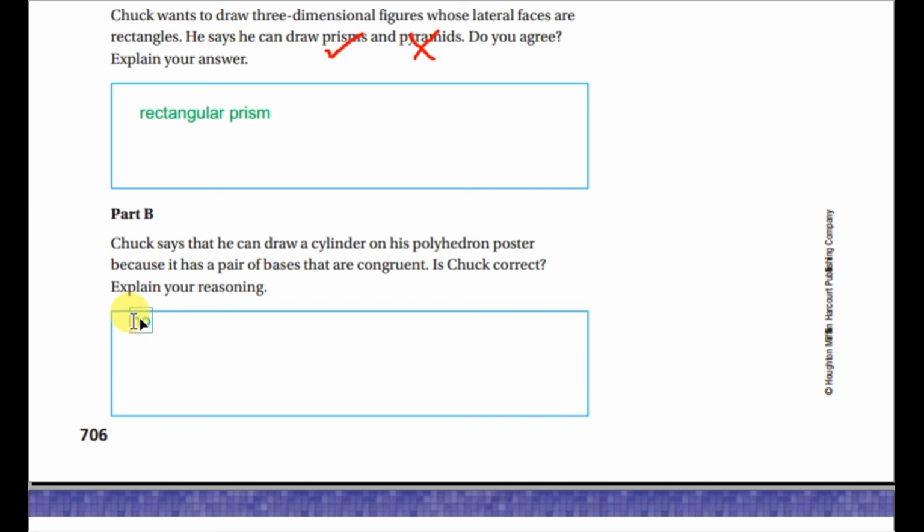No, because it contains two curved shapes on its base.